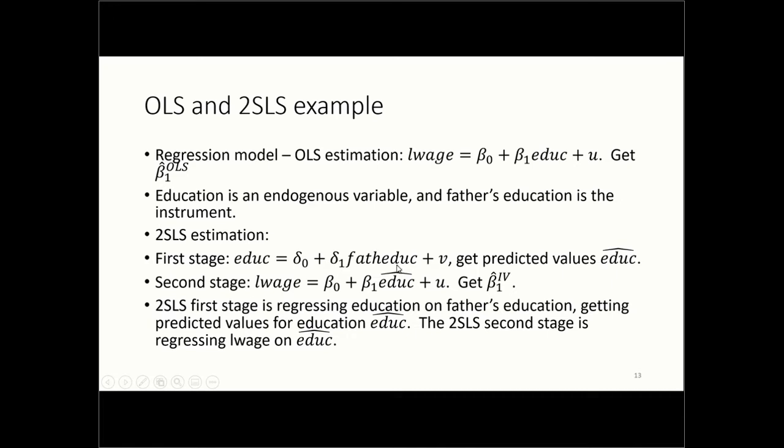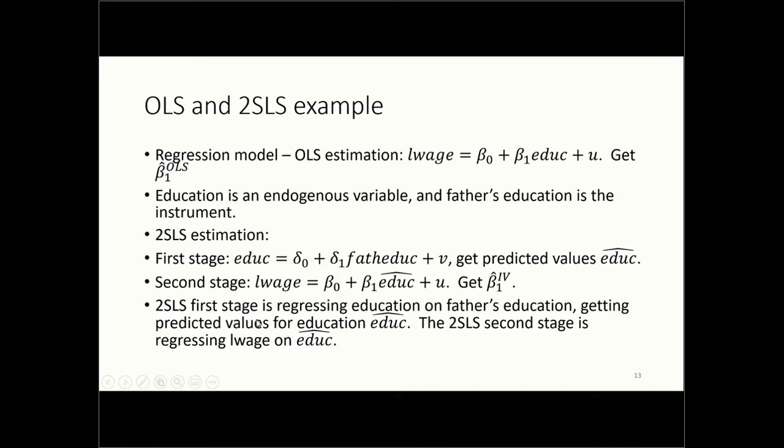And then in the second stage of the two-stage least squares, we have a regression like the original regression here, but this education is replaced with education hat, which is the predicted values from the first stage. And that's how we get the two-stage least squares estimate here.